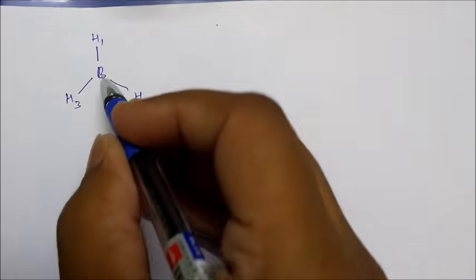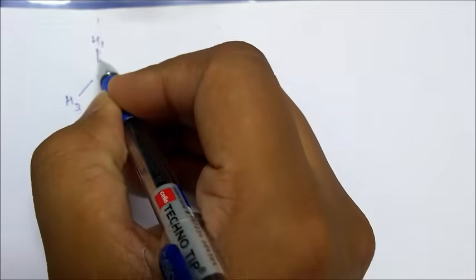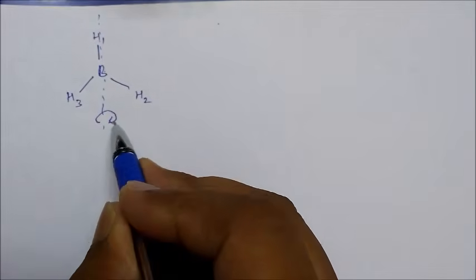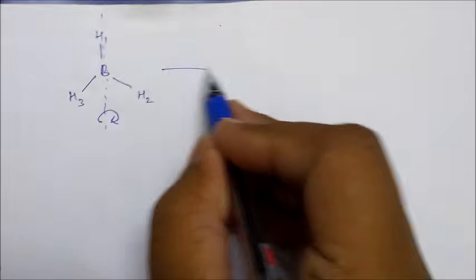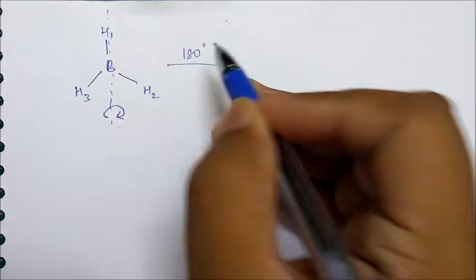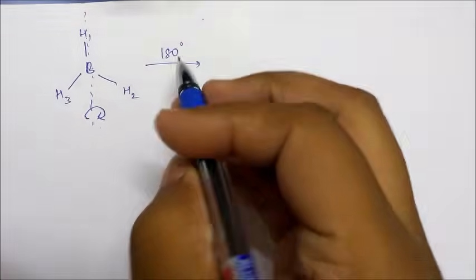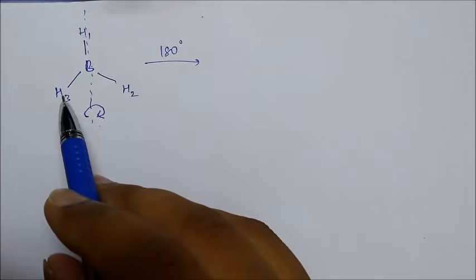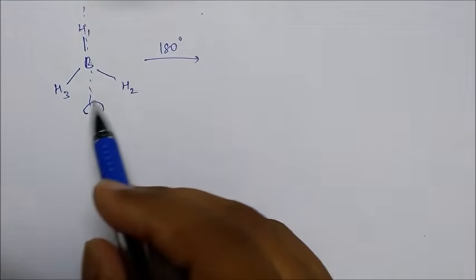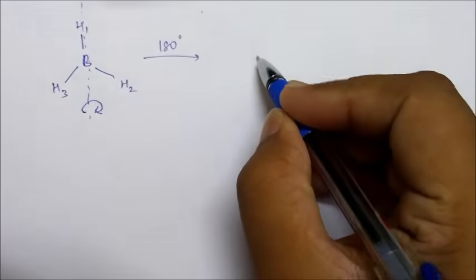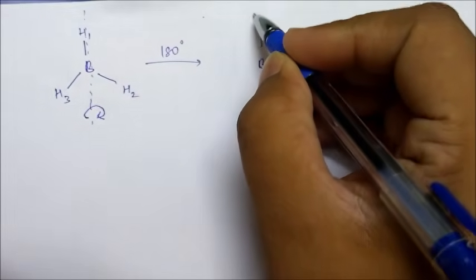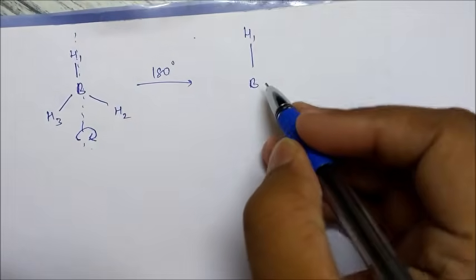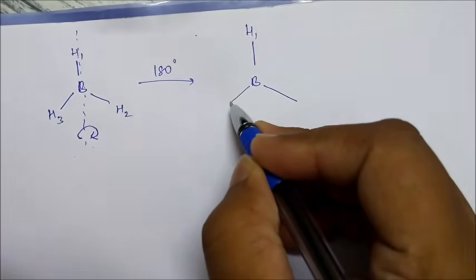So if I take this as the axis and rotate it by 180 degrees, this hydrogen is shifted here and this hydrogen came here. So this is boron, this is H1, it doesn't move, it stays there, but only these two hydrogens moved.